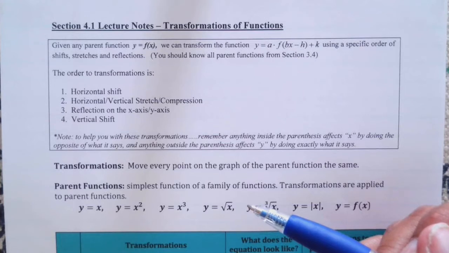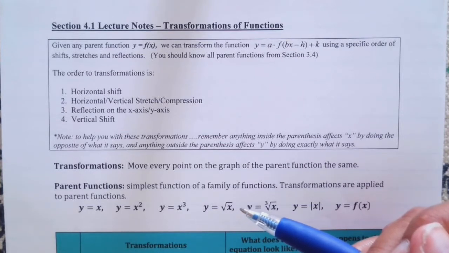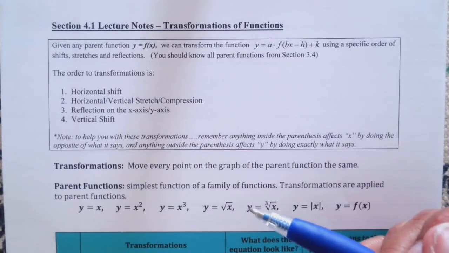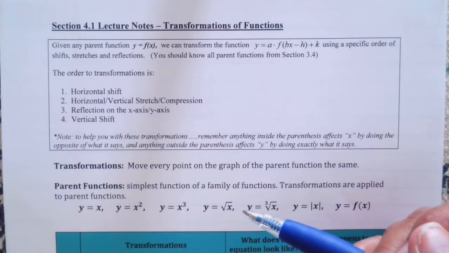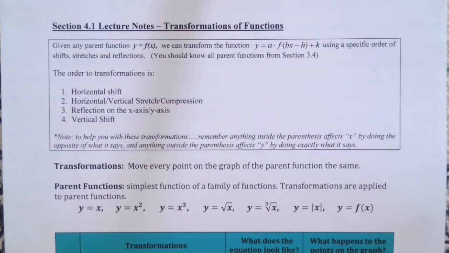Anything with x, you will always do the opposite of what you think you would do. Anything that's outside the parentheses, or not inside with x, will affect y in the exact manner that it says it will. So y does what it's supposed to, the x's do the opposite. If you keep that in mind, it'll help with the transformations.